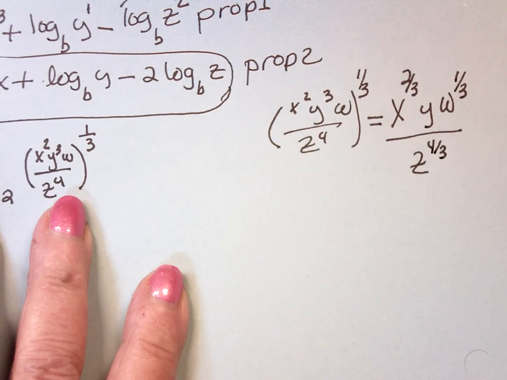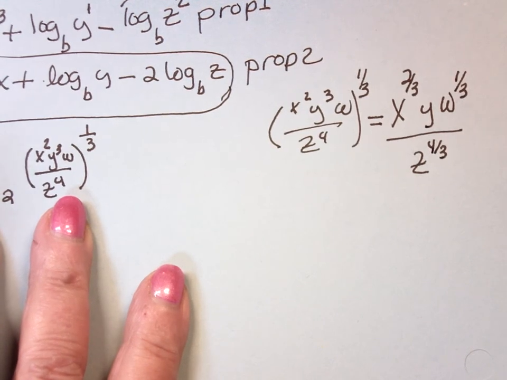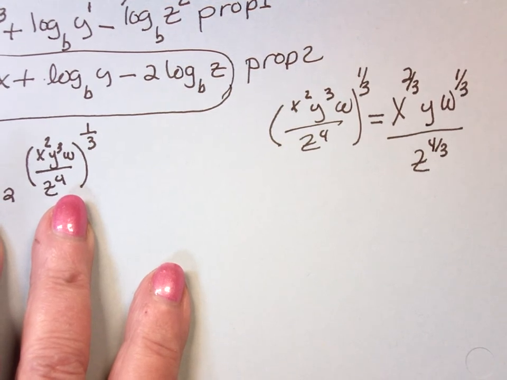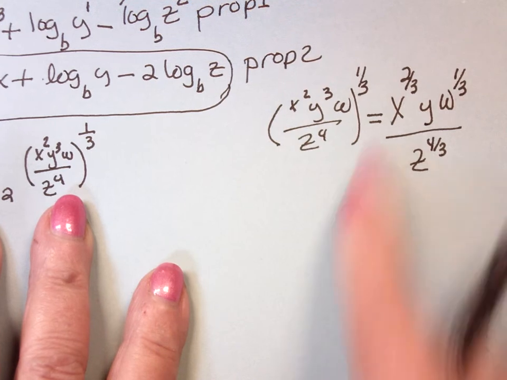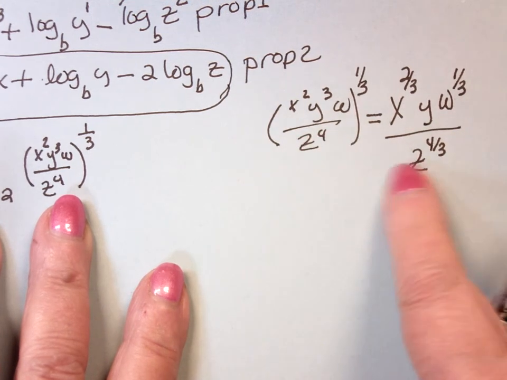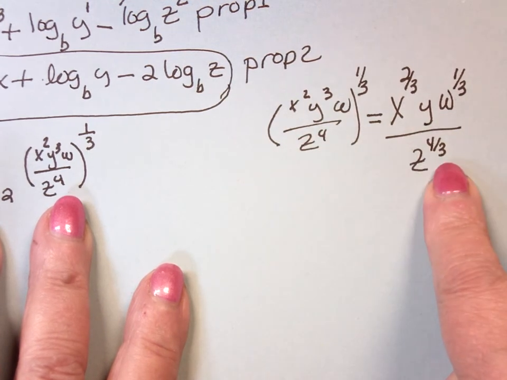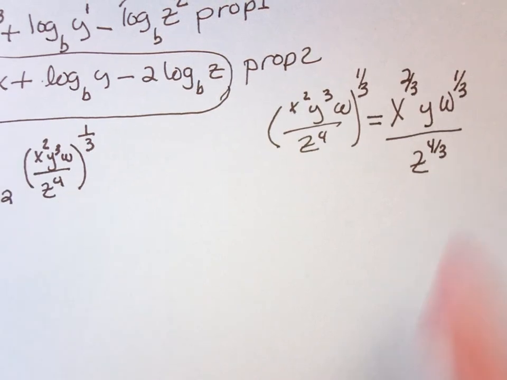Some of you will be successful in doing that, and then it becomes a problem like the previous one we did, and some of you will not. Those of you who are more comfortable with this kind of process can move to there, and then it becomes a problem like our previous one.